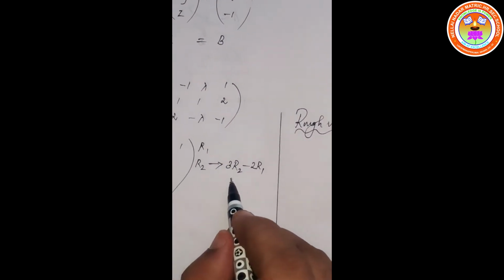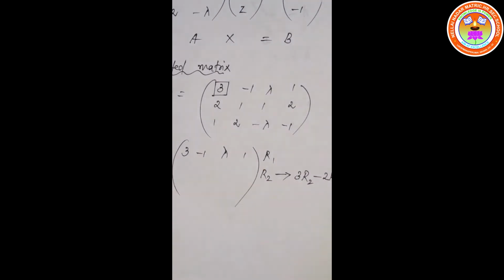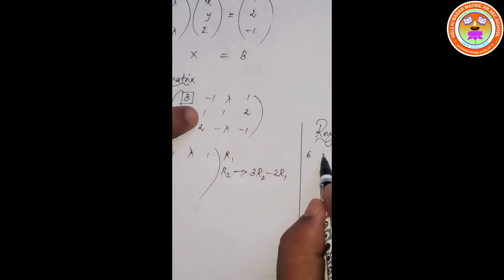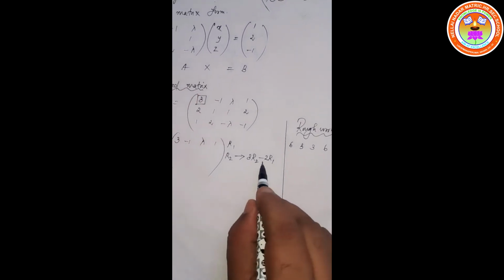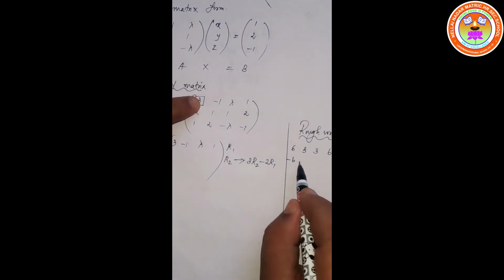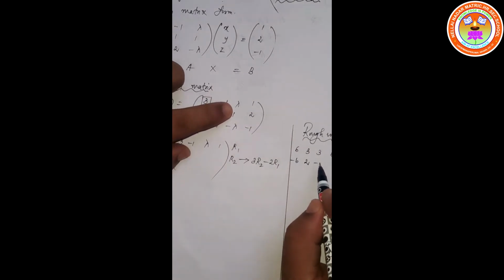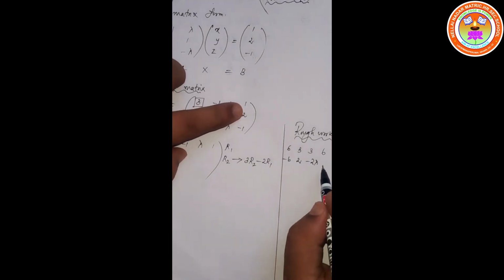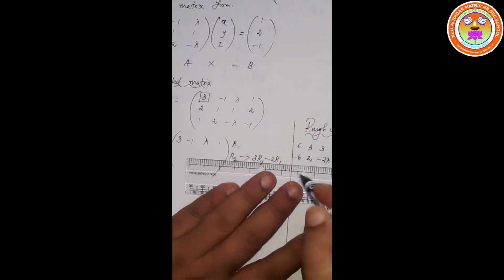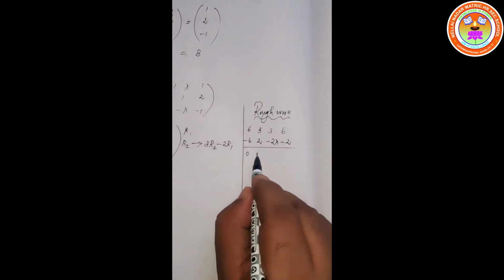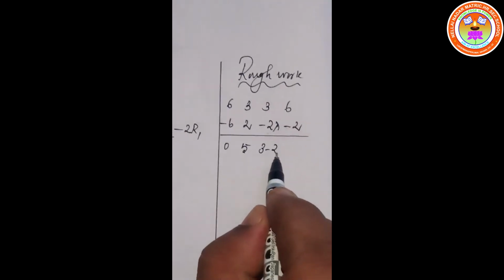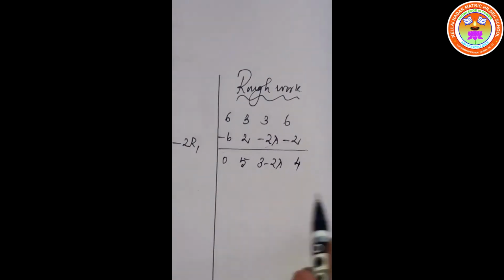Multiply R2 by 3. 3 2s are 6, 3 1s are 3, 3 1s are 3 and 3 2s are 6. Multiply R1 by minus 2. Minus 6, plus 2, minus 2 lambda and minus 2. Six minus 6 is 0, 3 plus 2 is 5, 3 minus 2 lambda, 6 minus 2 is 4.